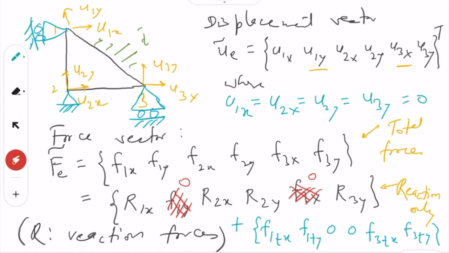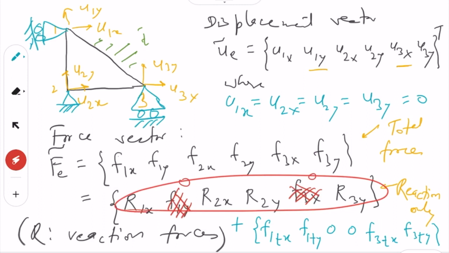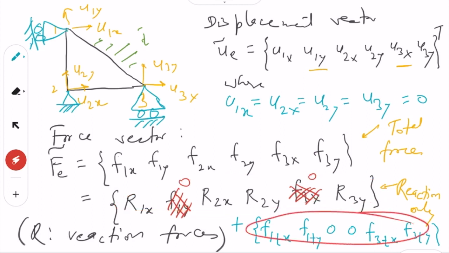So this one is coming from the traction, these are just the reactions. So this total force, if there is no body force here, the body force component will not come here. So what I am saying is the total force will have two components: one is the reaction forces, the other is because of the traction.